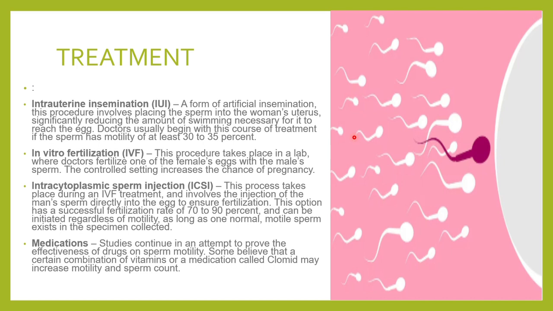This would help the patient to conceive. If many of the sperms are immotile, non-progressive, or very slowly moving, then IUI, etc. would not make much of a difference. So these are a few of the treatment modalities which can be done to improve sperm motility.